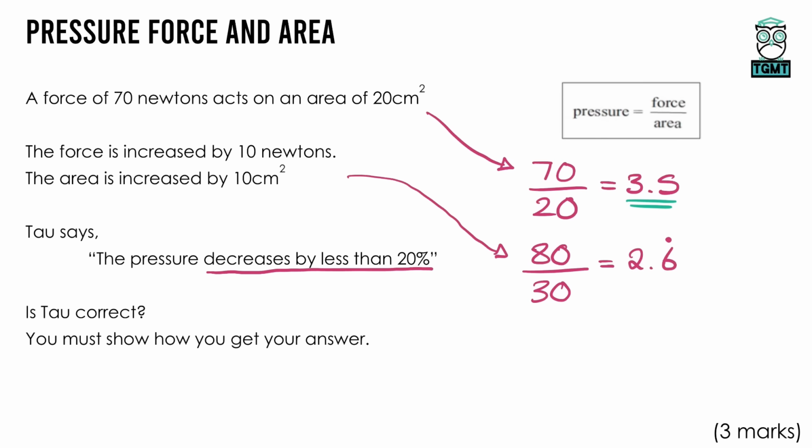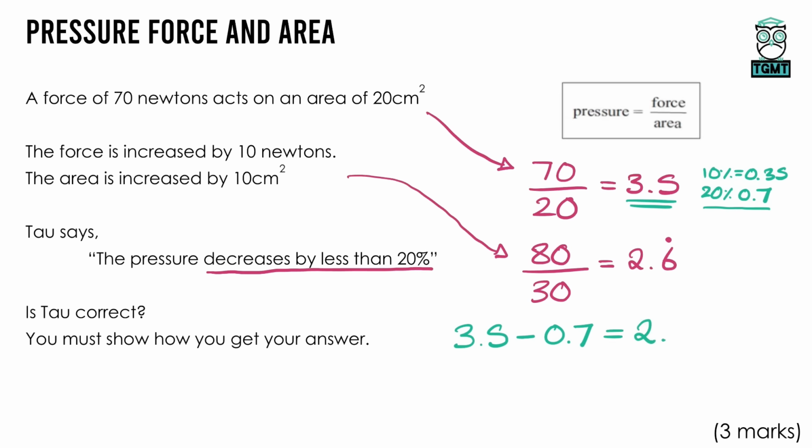Now with a calculator, you can of course just work out 1%. I'm going to work out 10%. So 10% is 0.35. 20% will be double that, 0.7. So 20% is 0.7. Now if we do 3.5, subtract 0.7, and again we could just do this on a calculator just to make sure we get everything correct, that comes out as 2.8.